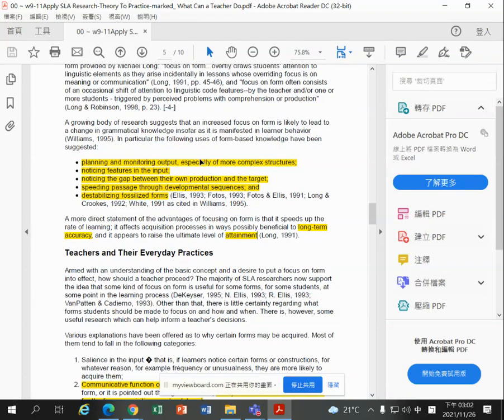For example, you're given an impromptu speech topic, and in 10 minutes you have to figure out the topic, probably SDG, and then give a 5 minute talk. If you monitor your output, that means if I talk, then I worry about whether my grammar will be correct, whether my word choice will be wrong.